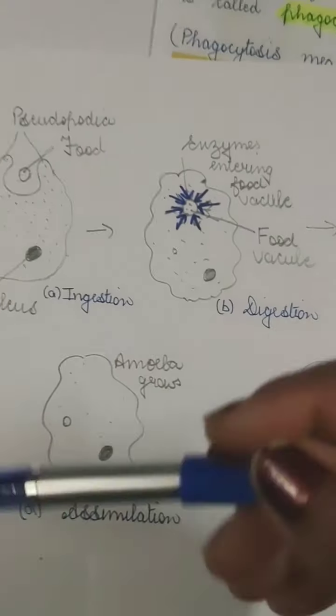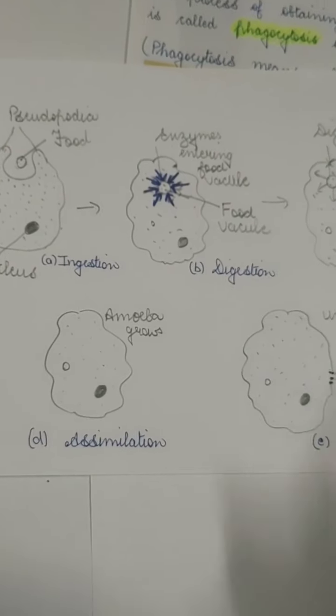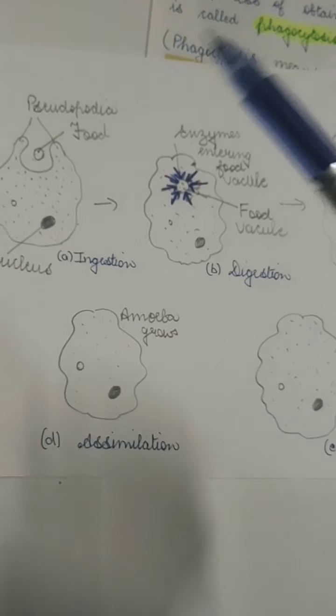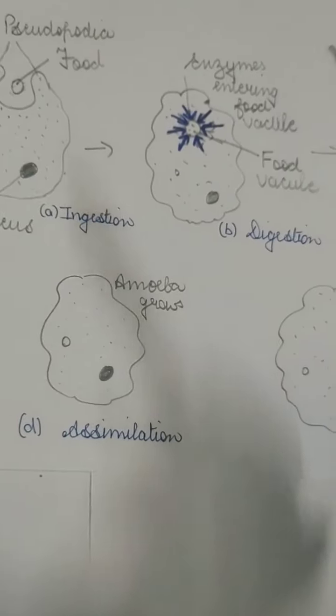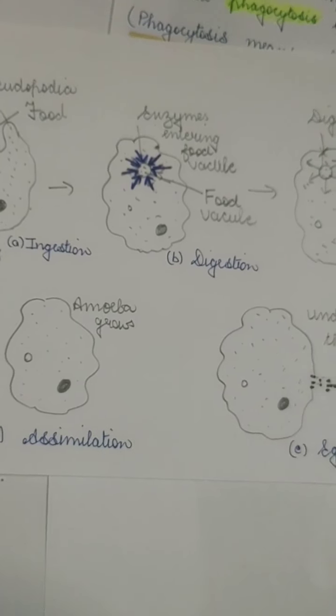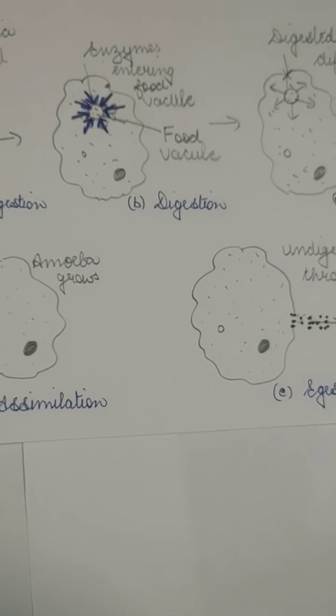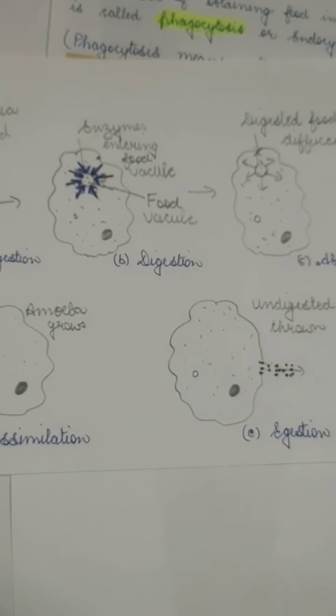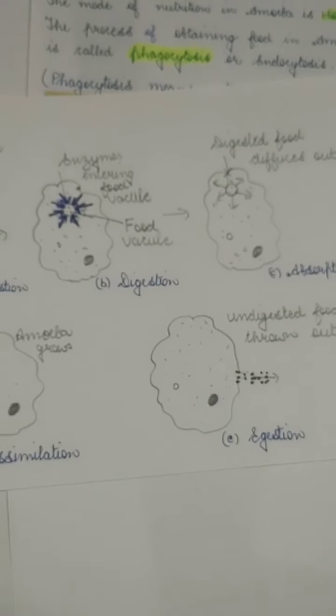So basically all the steps of digestion of amoeba are done with the process of diffusion. When the amoeba engulfs the food, the extra food is also thrown out of the body, and this is how the amoeba takes its food. After this, we will be covering our next topic, nutrition in human beings.